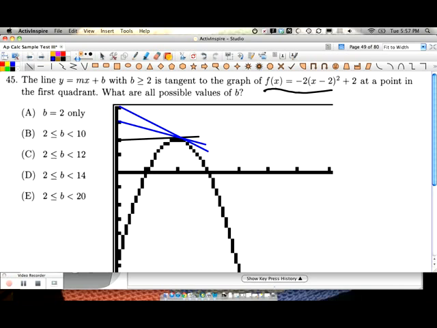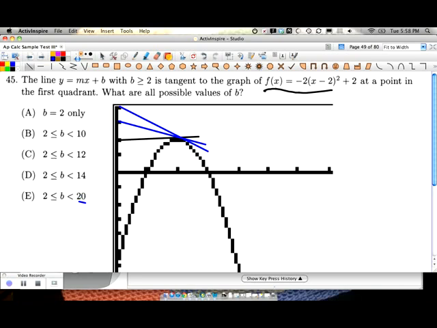And it's probably saying, can I go all the way up as high as 20? Well, I don't know. I think I probably could, because even if I'm way up here, I'm looking at this graph. This is just a quadratic. It's going to go way down there, and it can go all the way up. What are possible values of b?